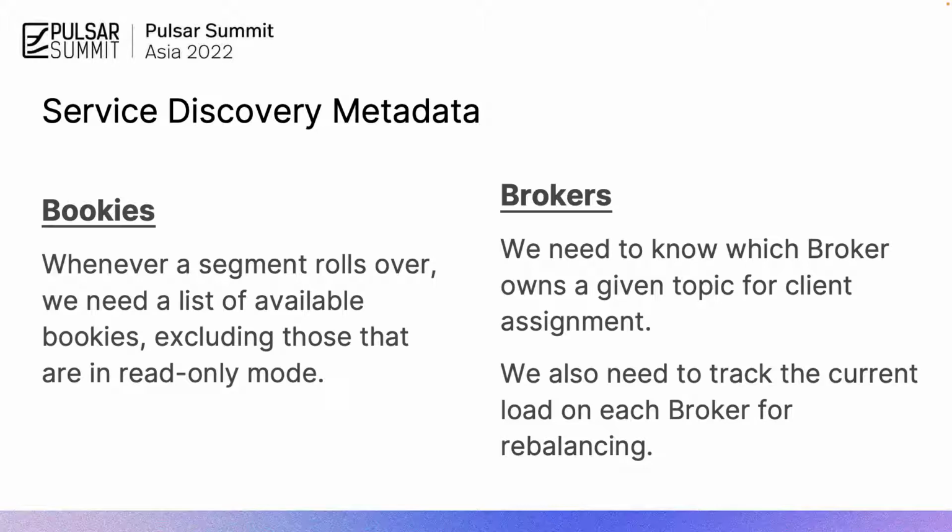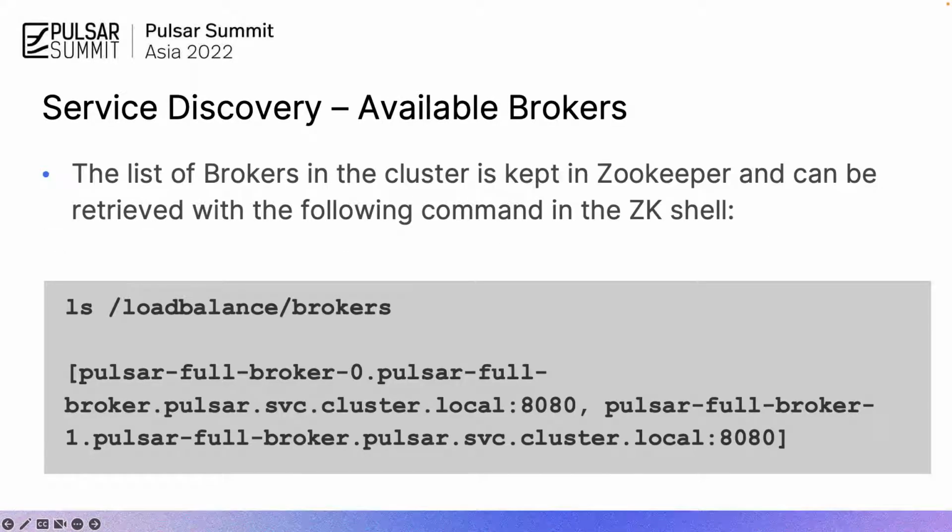The second category of metadata is service discovery metadata. This is used to determine which brokers and bookies are in the cluster, to which broker a topic has been assigned, and so on. You can retrieve the list of all the brokers' advertised addresses using the command shown here.